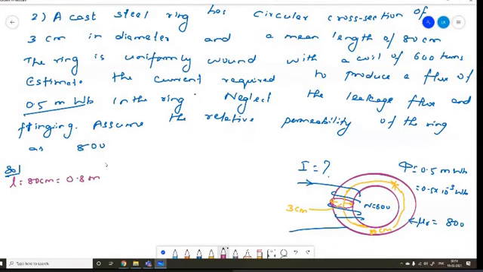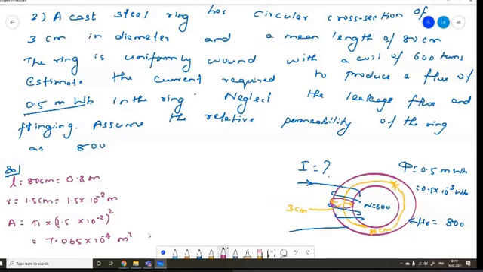So the radius is 1.5 centimeter, that is 1.5 into 10 to the power minus 2 meter. So the area of cross section will be pi into 1.5 into 10 to the power minus 2 the whole square. So you get 7.065 into 10 to the power minus 4 meter square.